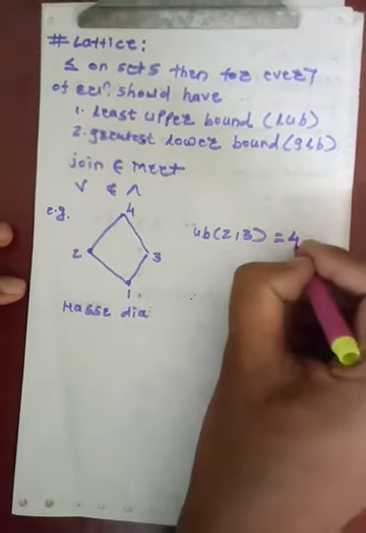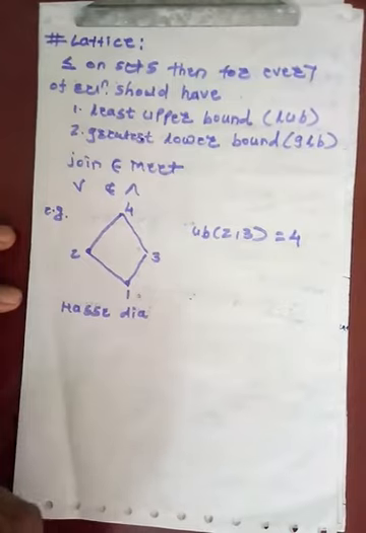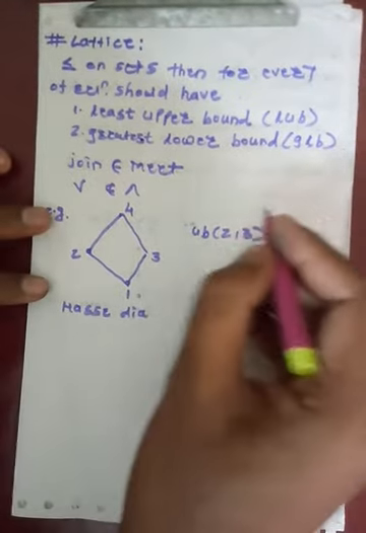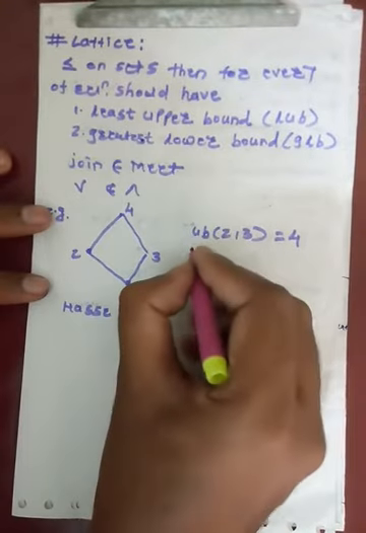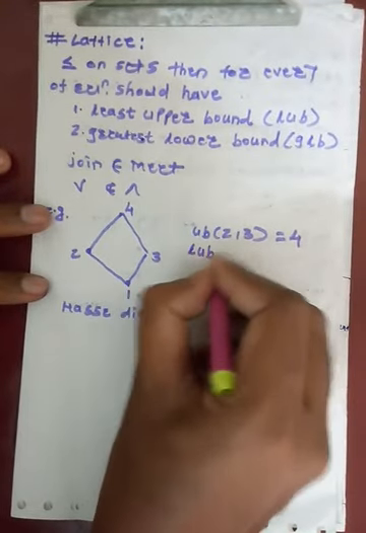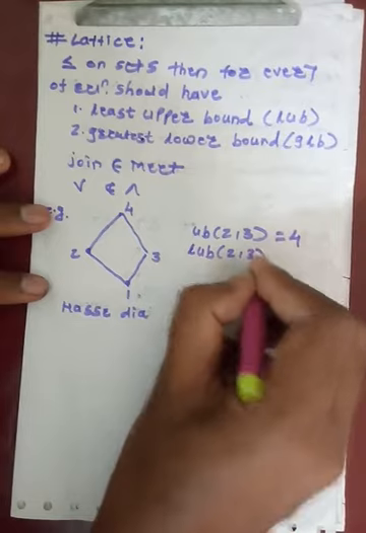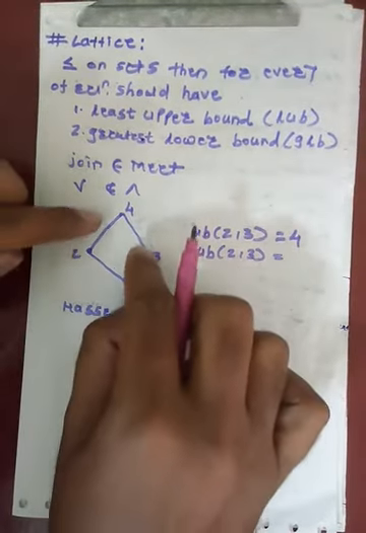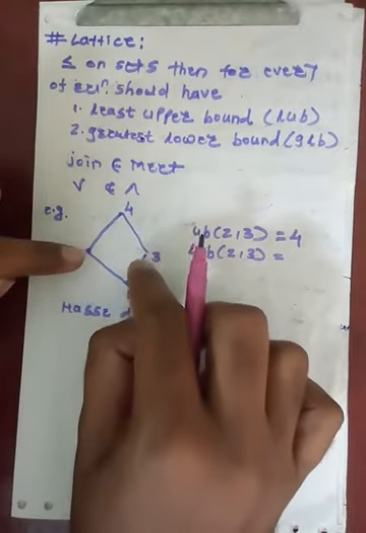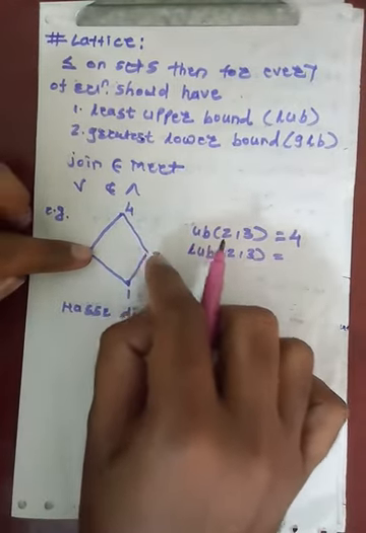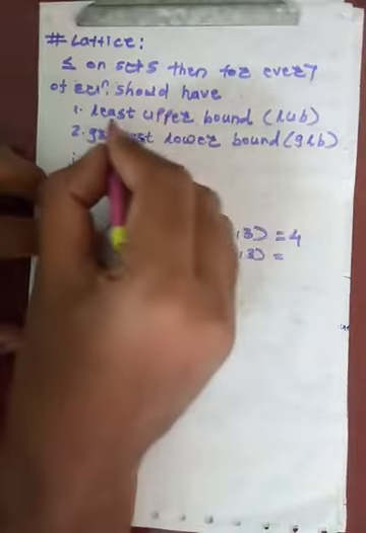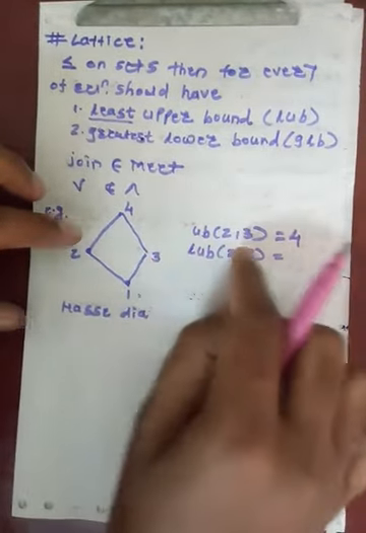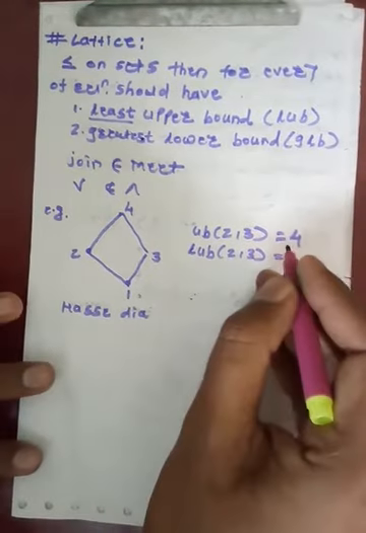Now the least upper bound of 2, 3: if there is more than one join for a pair, then we have to consider the least one from those.